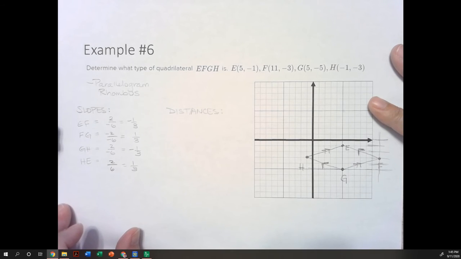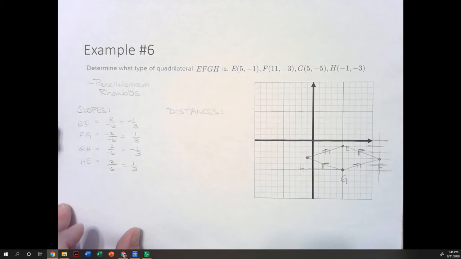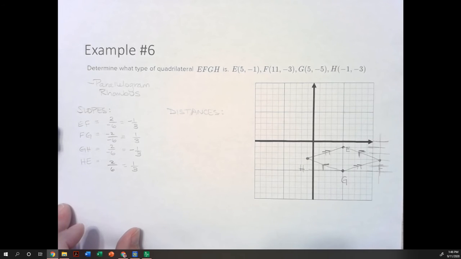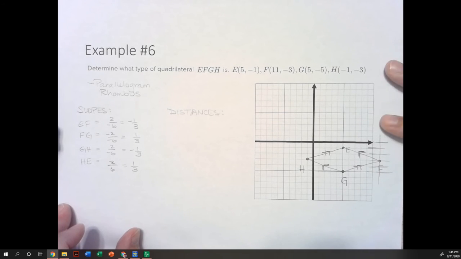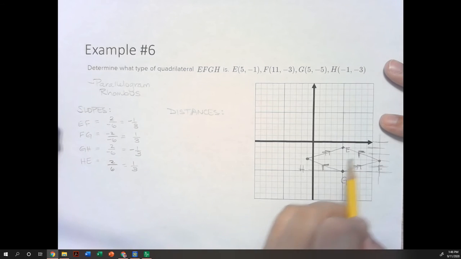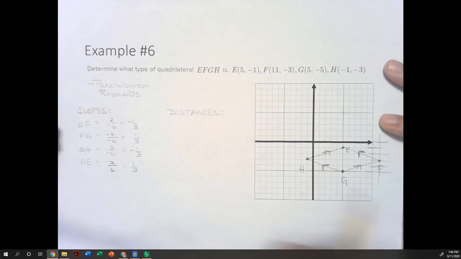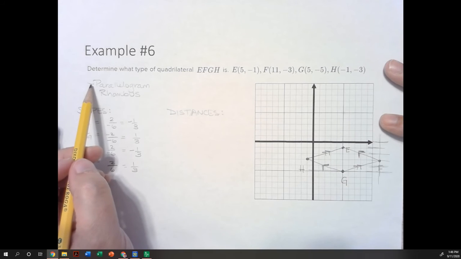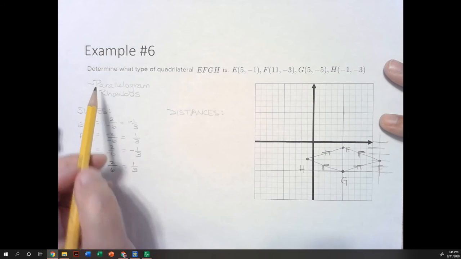Okay, and I now just need to make sure that my distances are not of a rhombus, okay? And then I can also check that my opposite sides are equal, in that same direction of confirming I do in fact have a parallelogram.